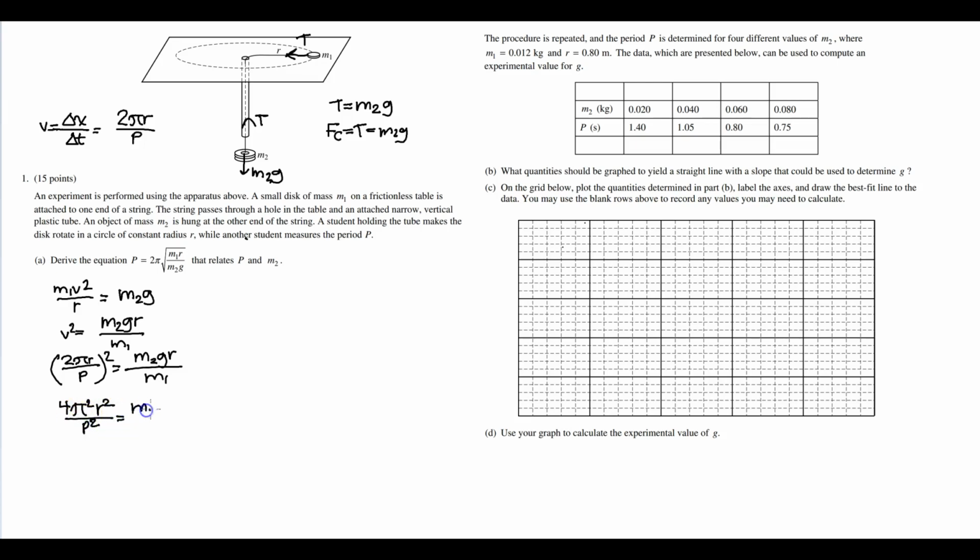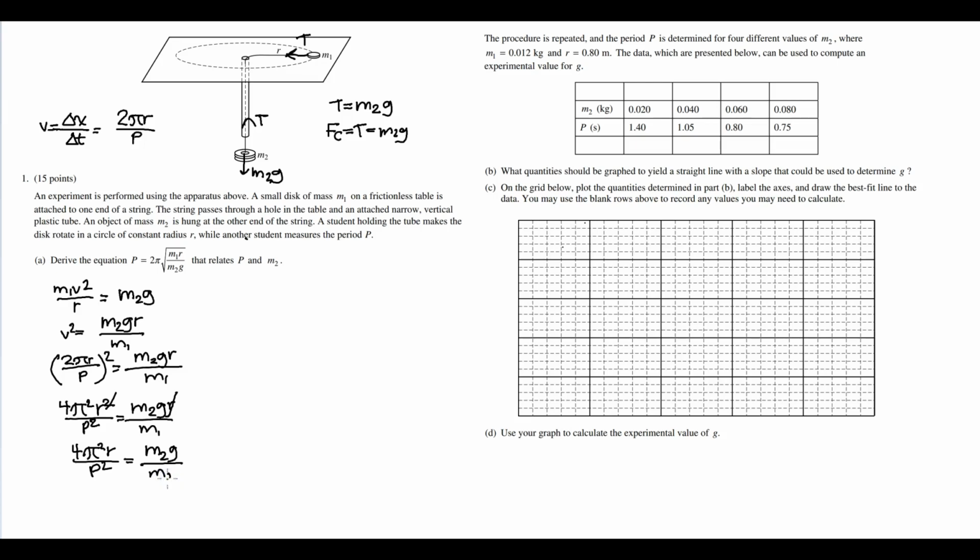Okay, so we get 4 pi squared R squared over P squared equals M2GR over M1. And we see that this R and this R can cancel, so we're left with 4 pi squared R over P squared equals M2G over M1.